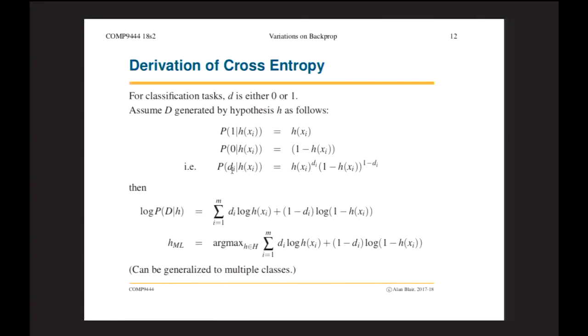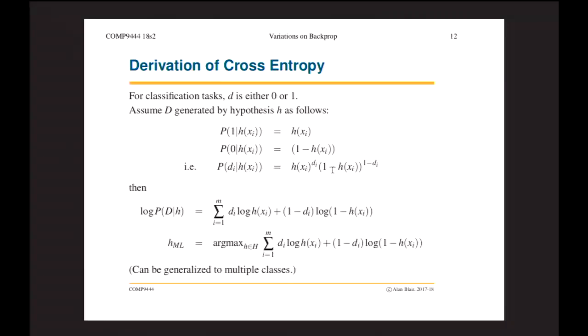If di is 1, this term will disappear and that term will just become H of xi. So for our purposes in this course, it's reasonable to just say that this third line is a fancy way of combining the first two lines. Now, if you want to think about the case where di is between 0 and 1, then you can go and study yourself about the Kullback-Leibler divergence and so on, but we're not going to get into that.